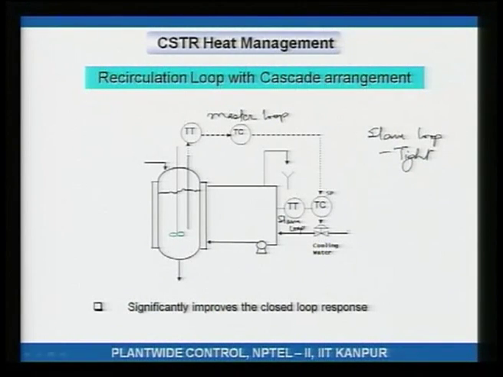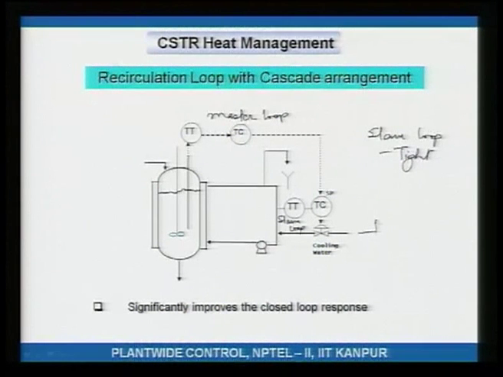Another advantage of this system is that, let us say the cooling water is coming from a cooling tower, and there was some upset there and the water is not as cold as it should be. So if T cooling water goes up, jacket temperature will start to go up.